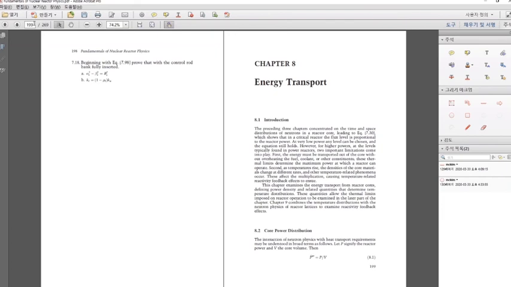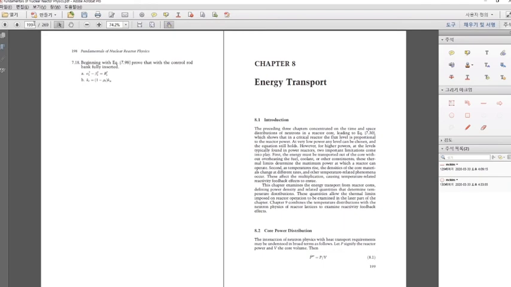So we are going to first review how energy is transported in this system, so that we are able to clearly understand how temperature changes as we increase the power. And that temperature of the fuel and temperature of the coolant will determine the feedback effect.